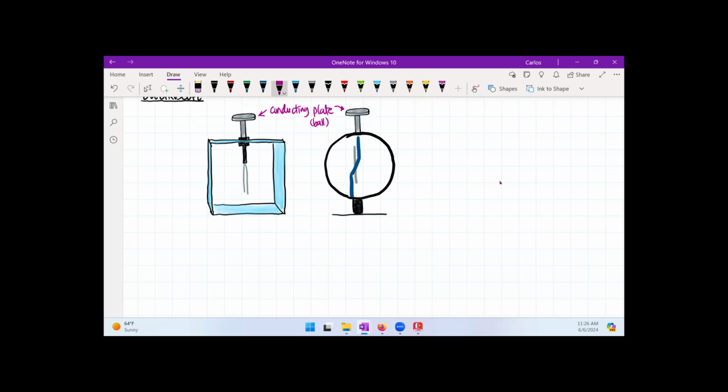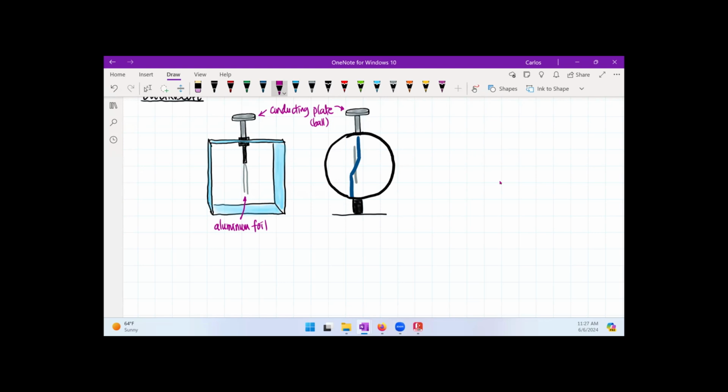Let's talk about this first. Right here, this is a conducting plate. Sometimes they use a conducting ball, and in fact it's probably more common, though I prefer the plate. That conductor is connected down here. In the early days they used gold leaf, but now you can use aluminum foil, and I suggest you actually build one at home.